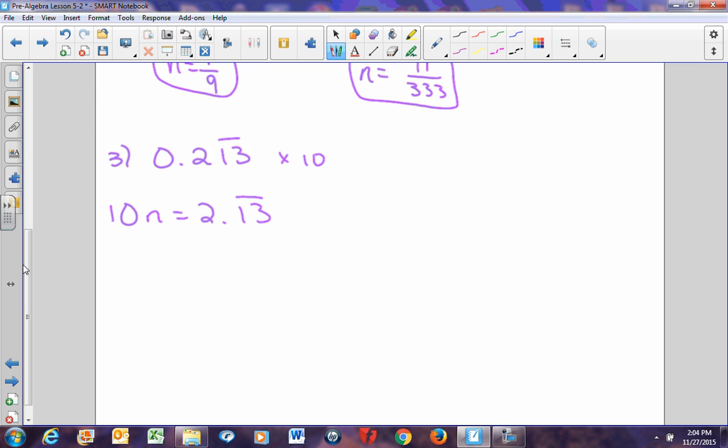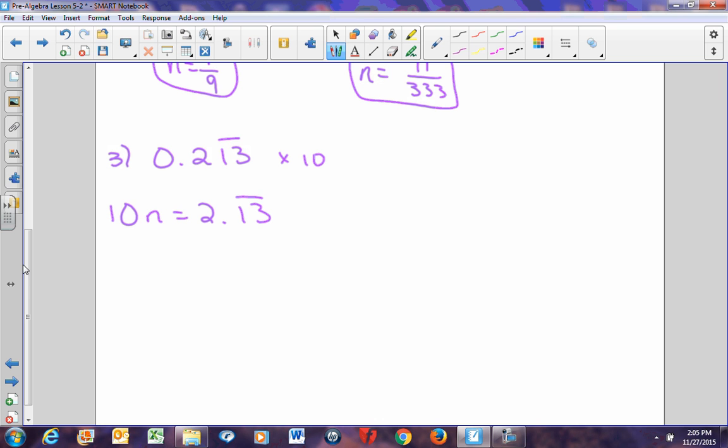Okay. Now, 2 digits repeat after the decimal point, so we have to take our original problem and multiply it by 1,000. We already multiplied it by 10 to get here, so now I have to multiply by 100, which means I took the original and multiplied it by 1,000.